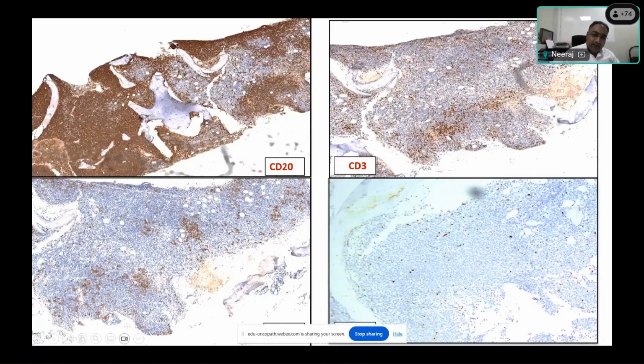And the lower slide shows the plasma cells. They are scattered plasma cells and some plasmacytoid cells. In the background, a few CD3 cells.